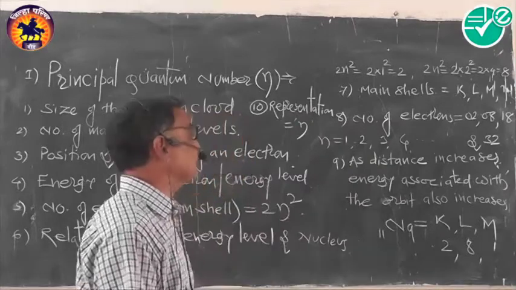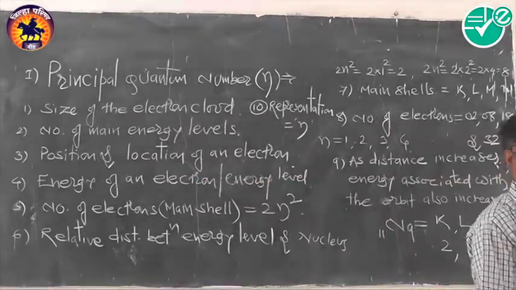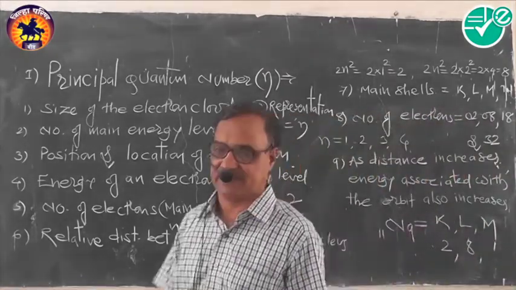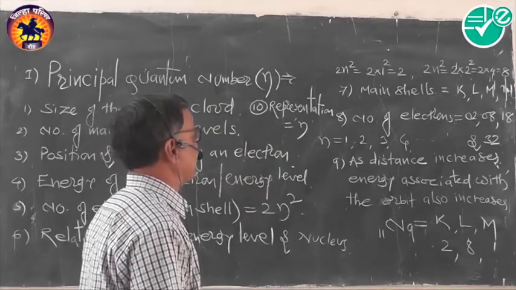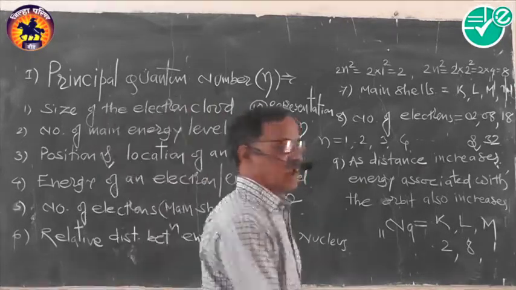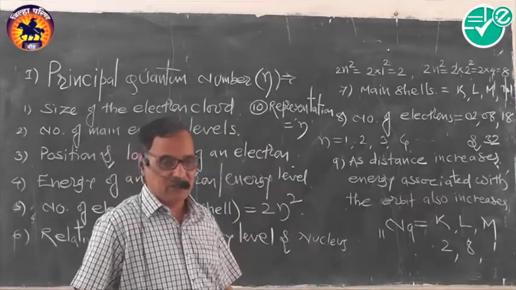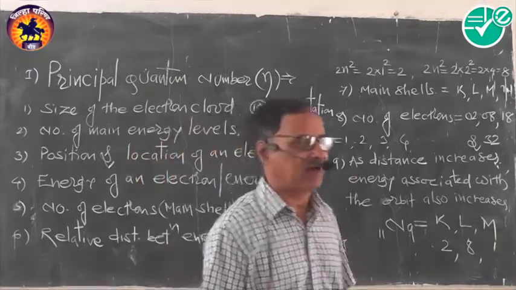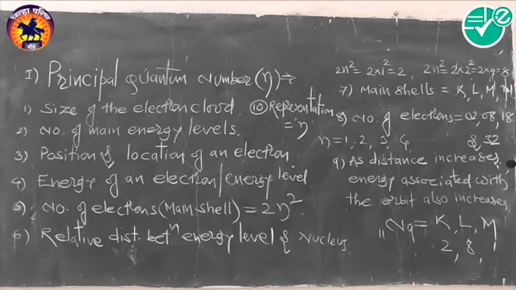But according to Bohr's atomic theory, these main energy levels are denoted by block letters for simplification or convenience. So 1 is replaced by K, 2 is replaced by L, 3 is replaced by M, and 4 is replaced by N respectively. So nowadays these main energy levels are represented by block letters K, L, M and N respectively.